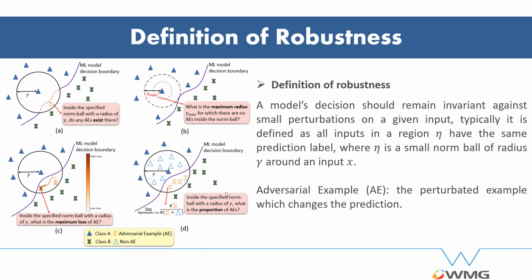Probabilistic robustness refers to the proportion of adversarial examples inside the small norm-ball region. It can tell how robust the model is whenever an adversarial example is found. Especially when the model is large, knowing the proportion of adversarial examples is more relevant and quite important for real-world application. So in this work, we focus on the probabilistic robustness of text-to-image diffusion models.